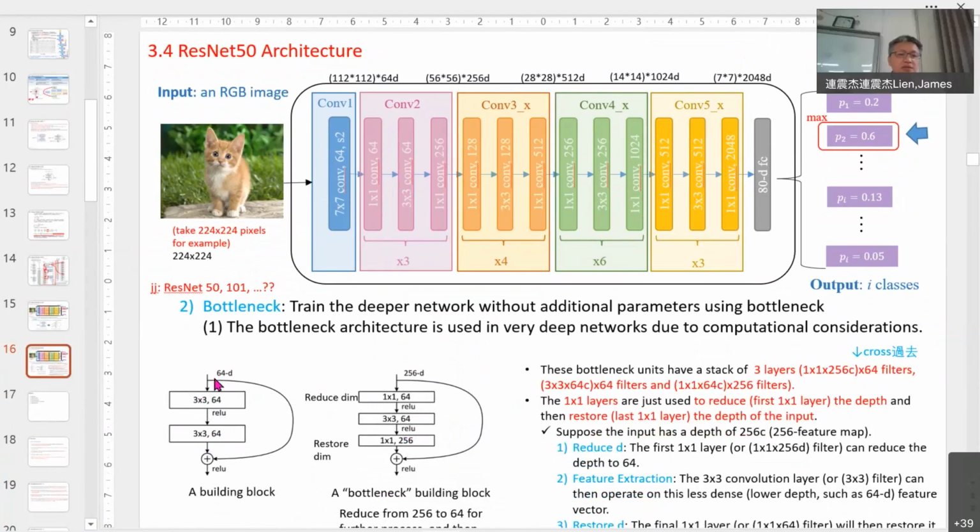Now this one tells you, because they have this one and compare with this one. This 64 is fine, but if here is 256, it will be 256, so they will become a lot of parameters, no good. So they reduce the parameters and do convolution and recover back. So the idea is this way.